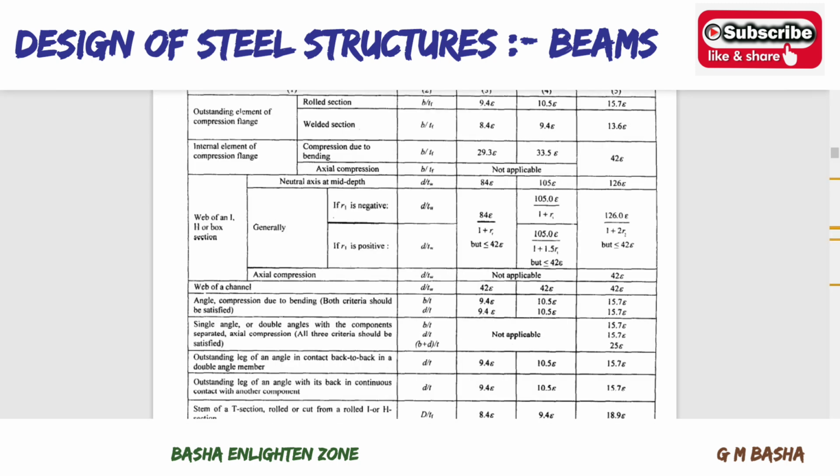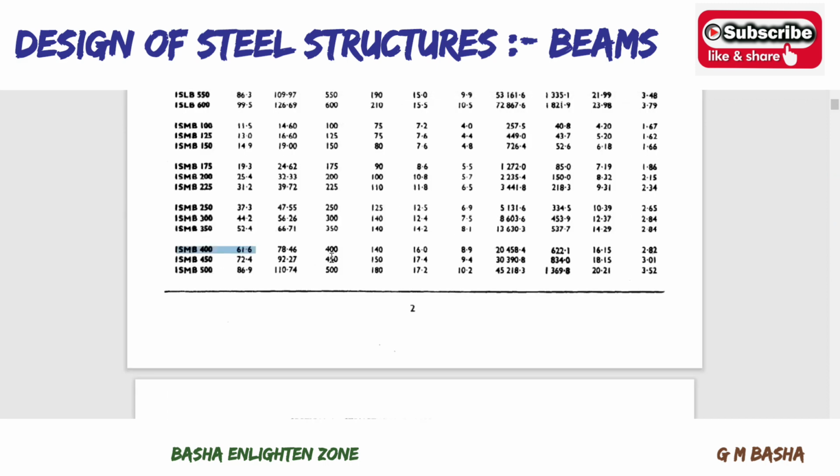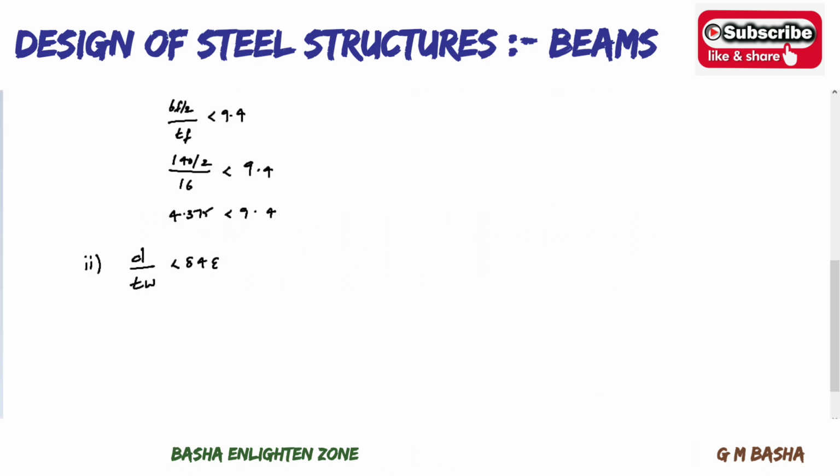So see in the steel tables, D will be equal to 400. We want only the web part. This 400 indicates the overall I section. So I am roughly drawing the diagram.